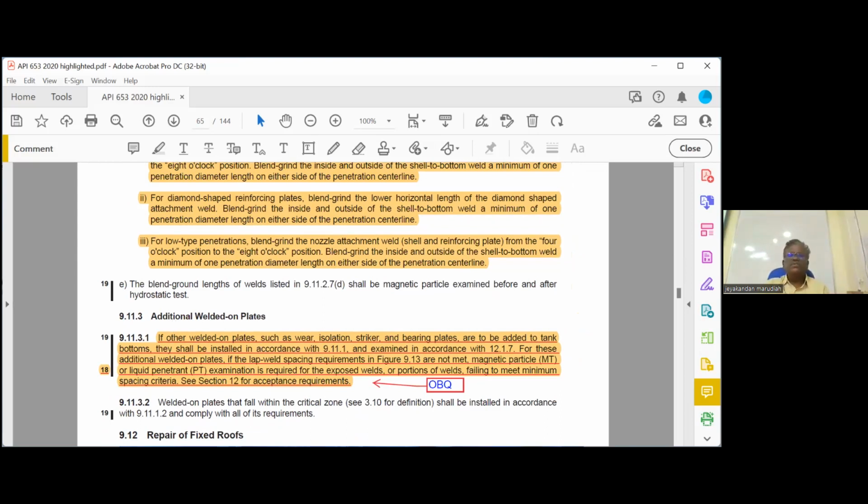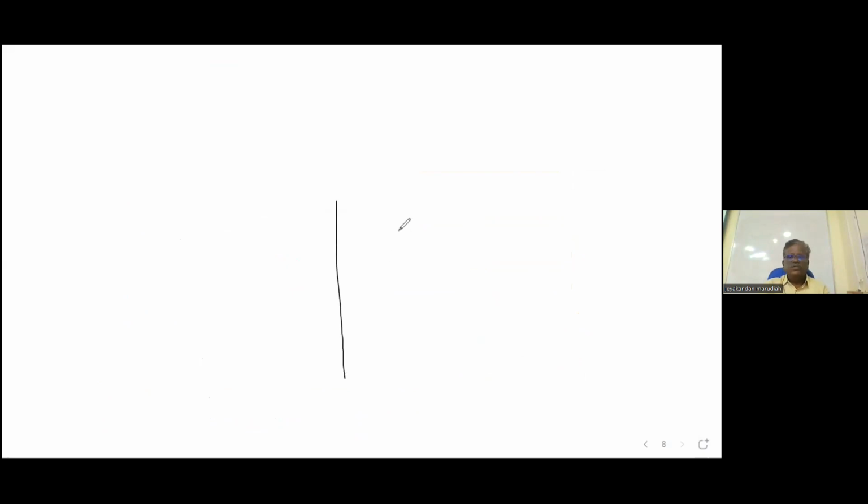What I said, see, this is your old bottom and you are going to install a new bottom. If you fill with the concrete here, concrete will not conduct a current.